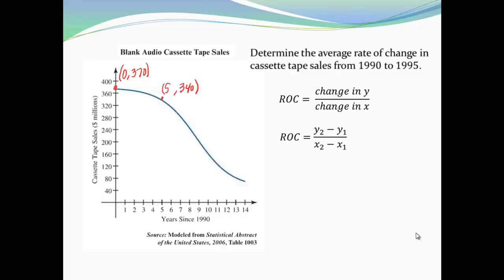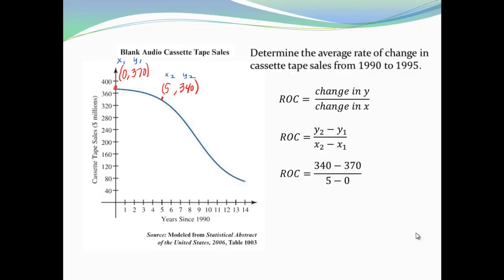And then I have to look at years since 1990. If I go over 5, that corresponds to 1995. So the point 340 would correspond to 1995. I'm going to call my first point x1, y1, and my second one x2, y2.